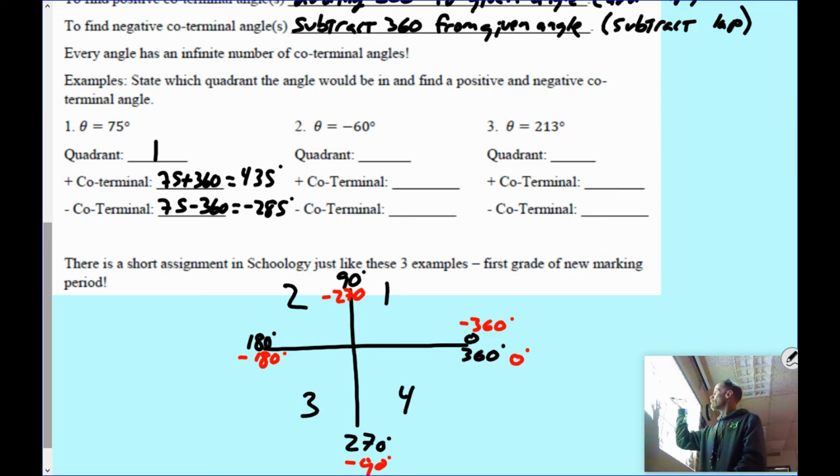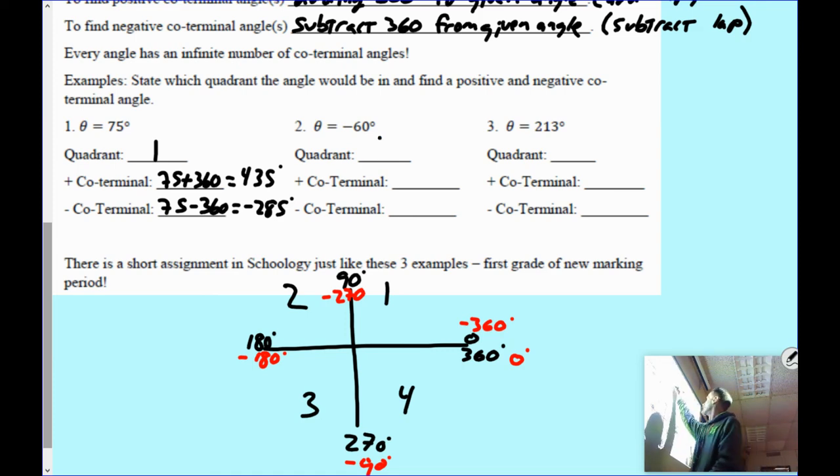How about number 2, though? So now we have theta is negative 60 degrees. So think to yourself for a second, if I'm going in a negative direction and it's negative 60 degrees, what quadrant is that going to be in? Well, it's going to be in quadrant 4, right? Because going that negative direction, from 0 to negative 90, quadrant 4.